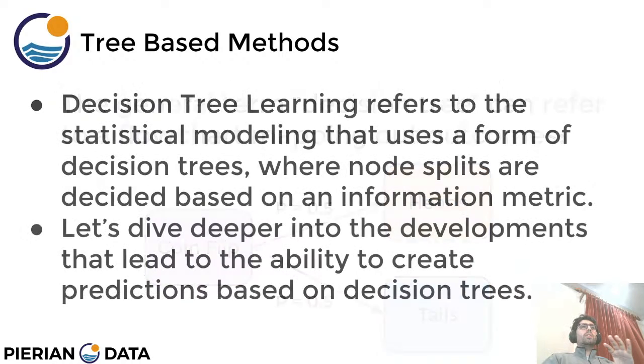What we're talking about is an actual decision tree, which is a statistical model, where the node splits are based on, and this is the key term if you get anything from today's stream, the information metric. So I really want to dive deeper into this development of the information metric and how it leads to the ability to create decisions based off predictions.